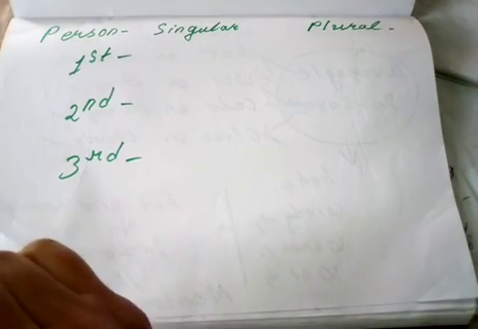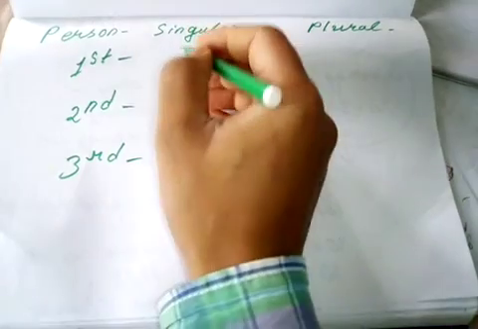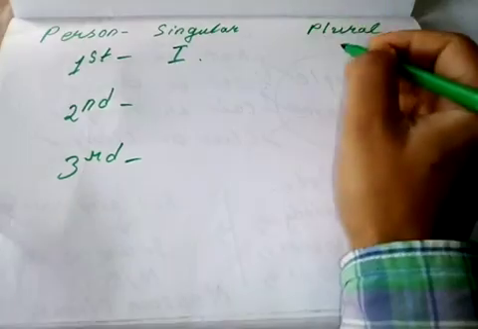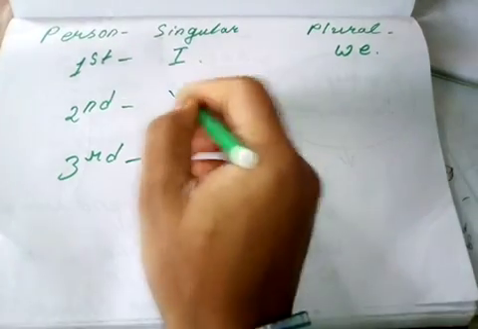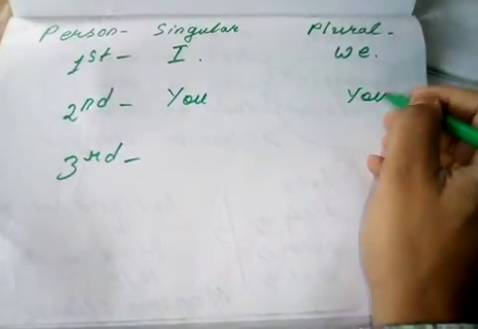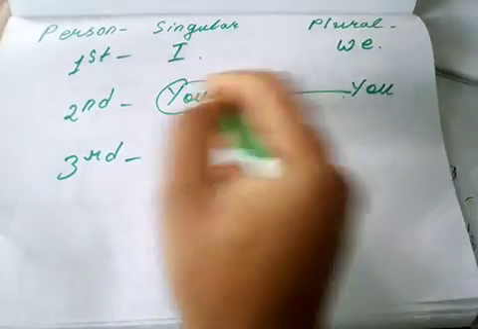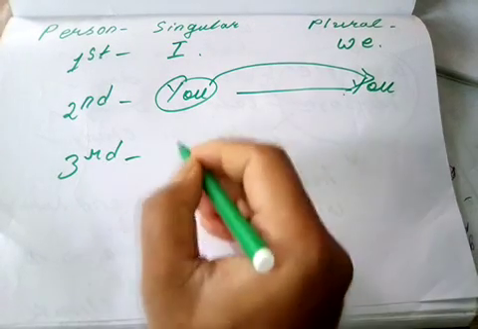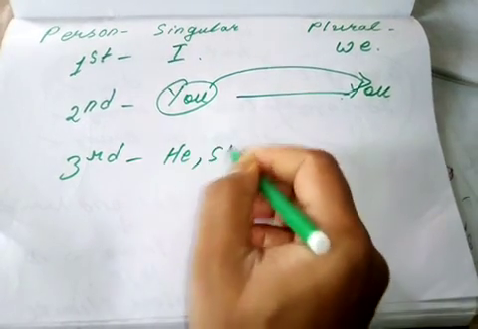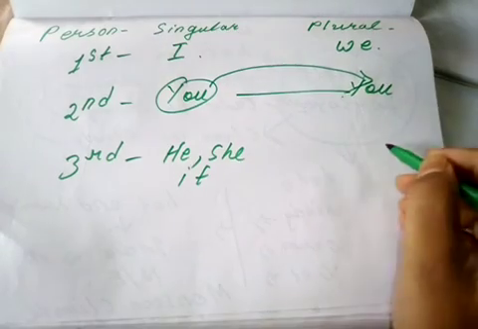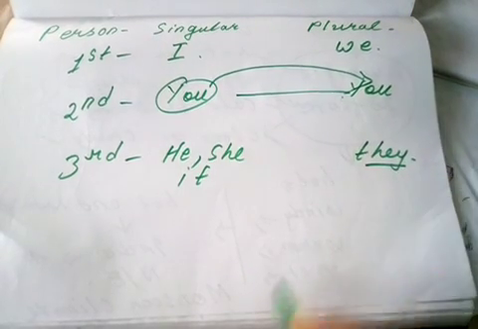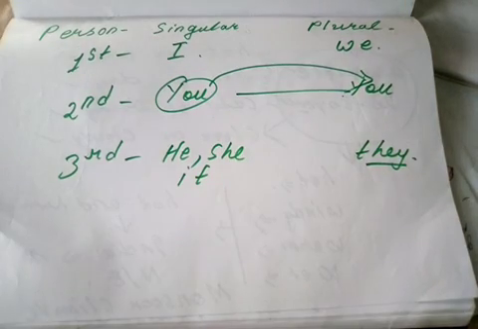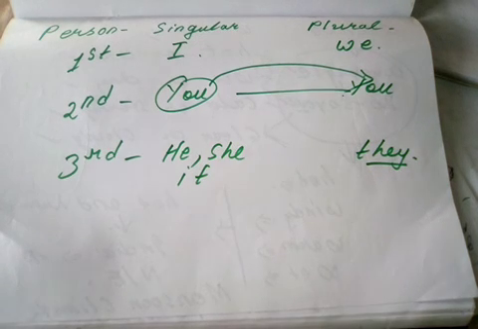The first person is I, and in plural, we. The second person is always you, and it is termed in both as plural. Always remember there is no singular of you. The third person is he, she, it, and in plural, they. So we have singular and plural, and the persons are of three forms: first person, second person and third person.